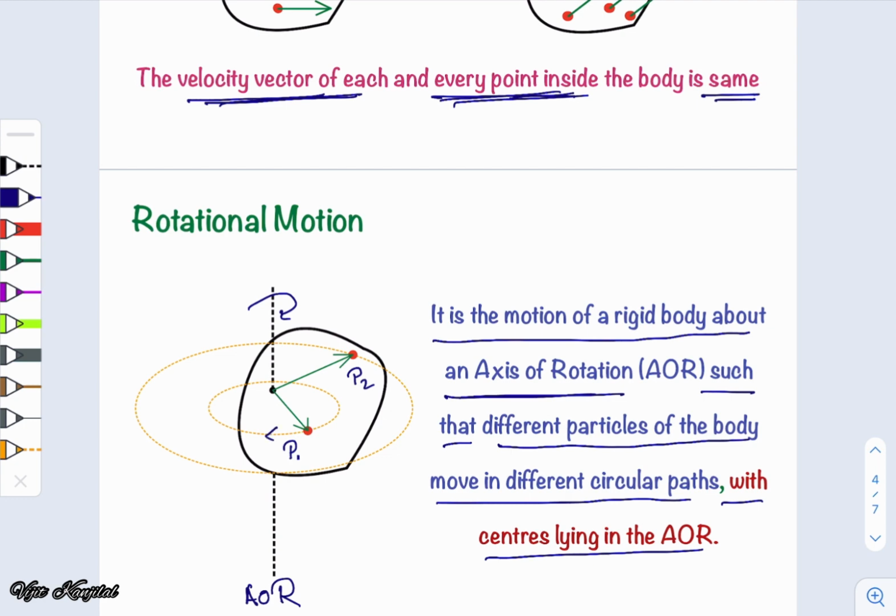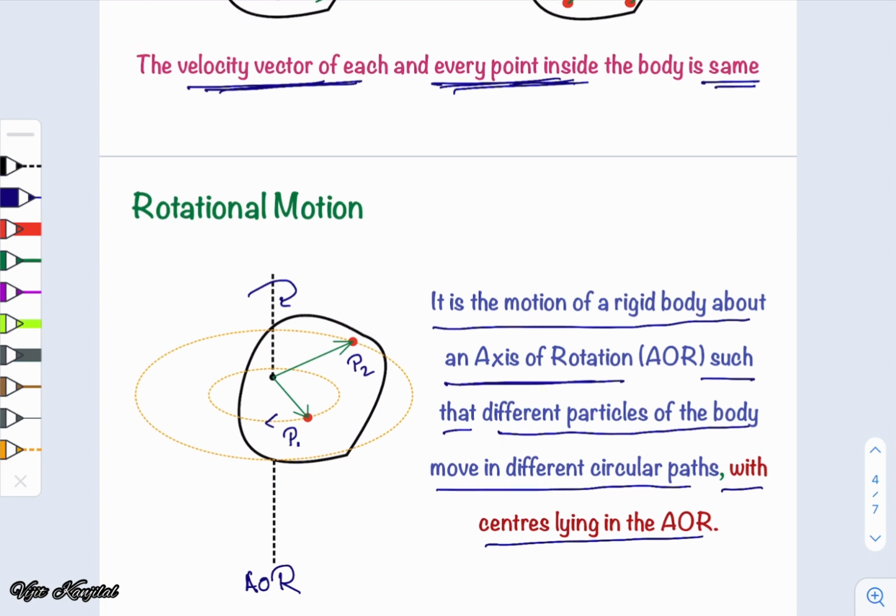Similarly, this point P2 is also rotating along a circle, and both the circles have their center located in the axis of rotation. So each and every point in this rigid body is individually rotating in a circular path, and the centers of all those circular paths are located in the axis of rotation.